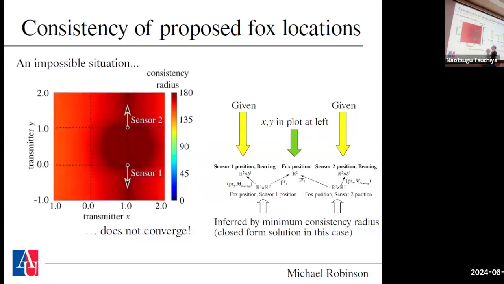But of course, you can have other situations. What if I have two sensors and they read out values that are inconsistent? Where's the intersection of those sight lines? Doesn't exist, right? There is no global or even local minimum. The optimizer will fail to converge. And just as Donna said, consistency radius will not go down to 0. That's your sign. This is a problem.